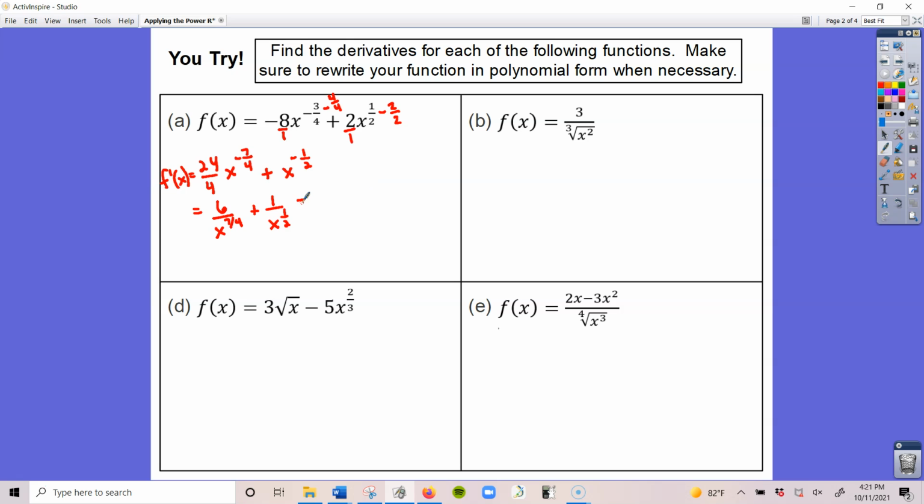And if we write this using roots, this would be 6 over, now again, the denominator is the actual root, so this is the 4th root of x, and then the numerator is the power, so to the 7th, plus 1 over, and then 1/2 is always the square root of x.